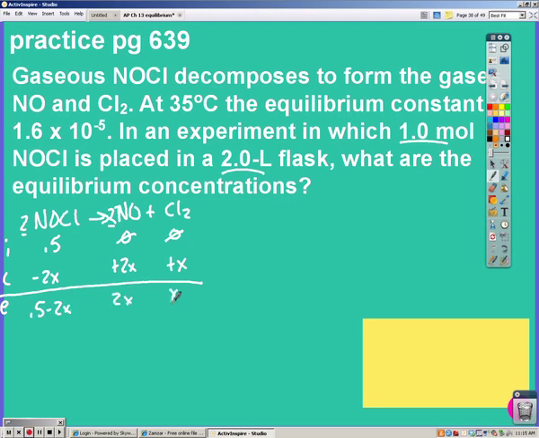Bring everything down. We'll write our equilibrium expression. Notice K is very small, which means I'm going to be able to ignore that minus 2x.